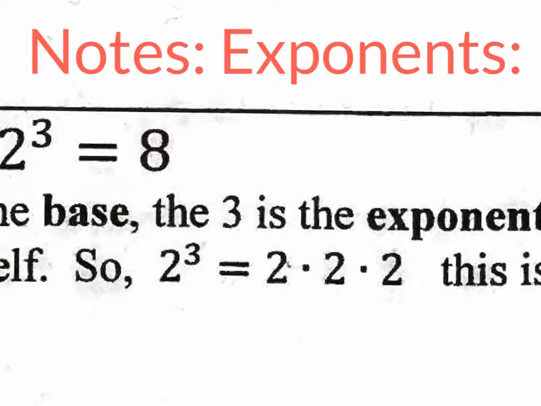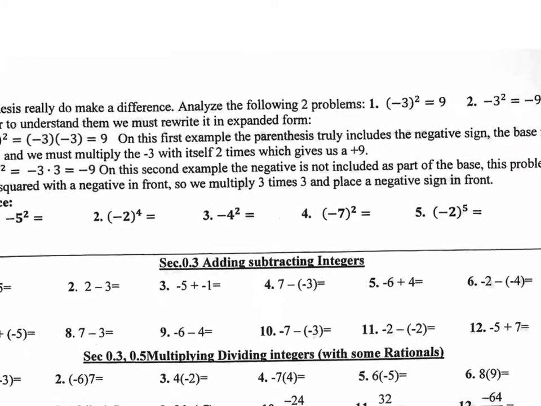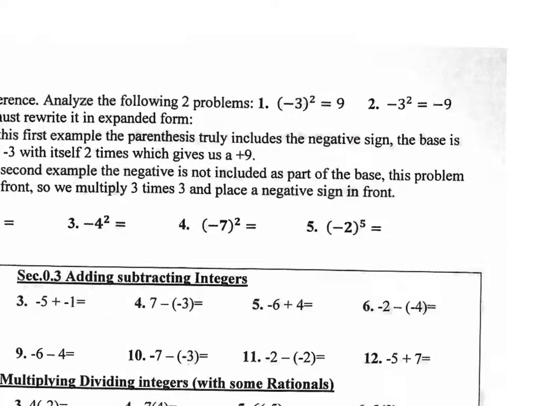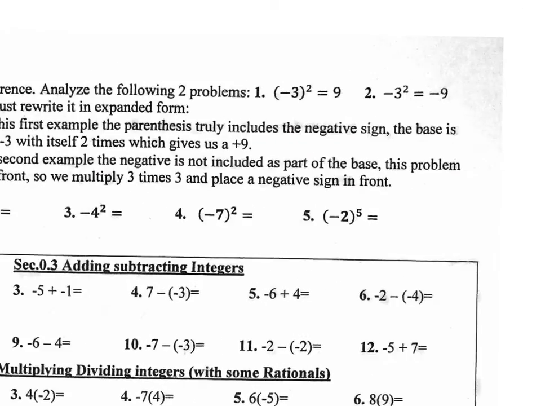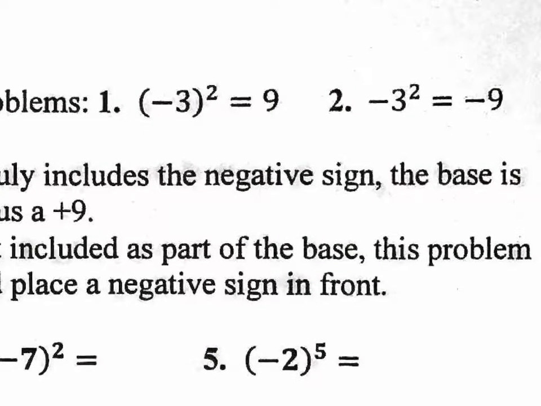Let's look at the back side of this page. On the back side of this page, we come up with 2 problems, and they're very important. Let's take a look at these 2 examples, and the whole idea is to get you to realize that these parentheses right here really do make a difference compared to not having parentheses.